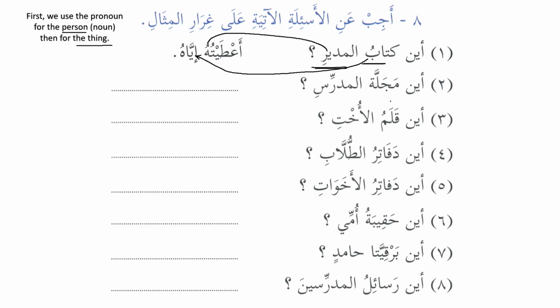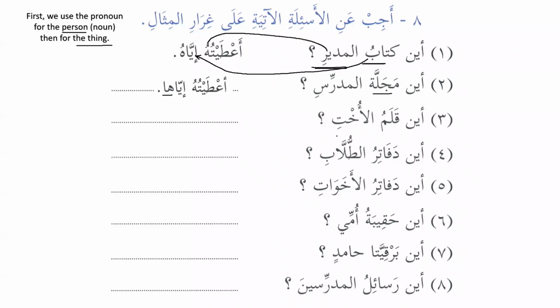أين مجلة المدرس? Where is the magazine of the teacher? You want to say I gave it to him. Excellent. أعطيته إياها. Very good. So why do we say ha? Because majalla is feminine, so that's why we have to say إياها. أين قلم الأخت?